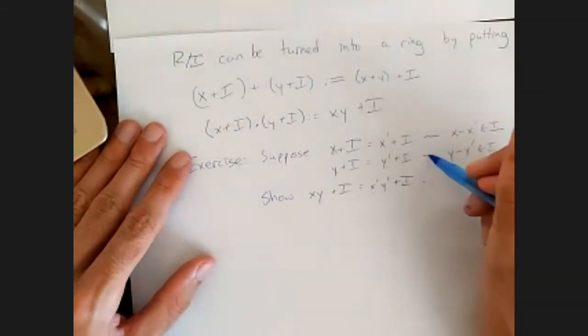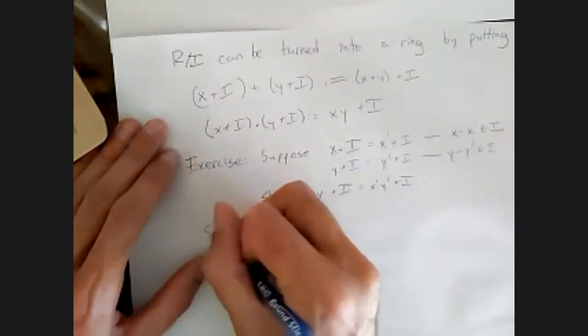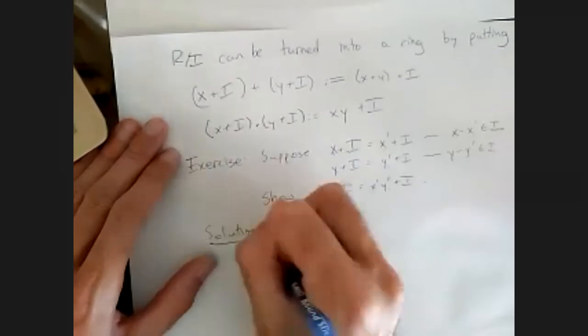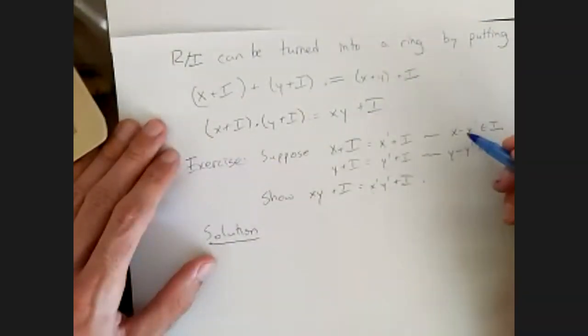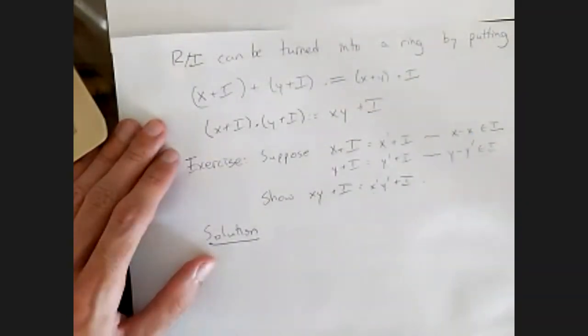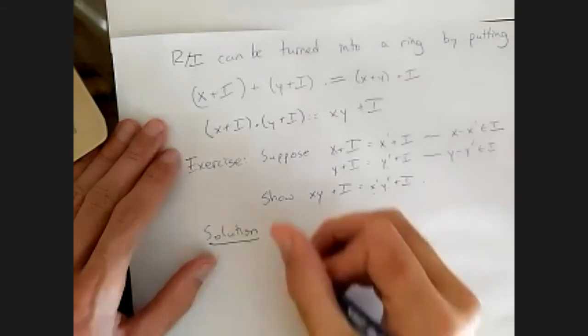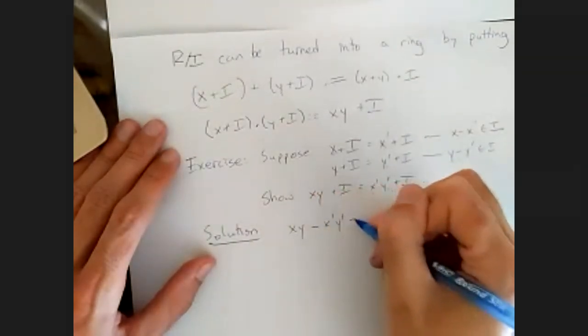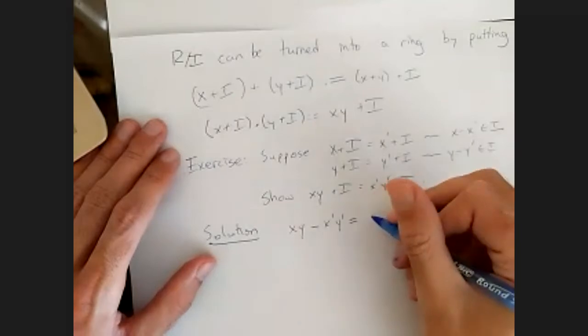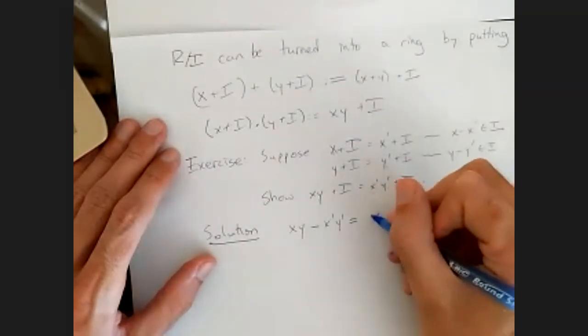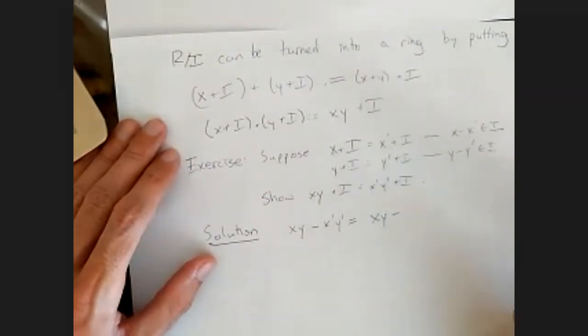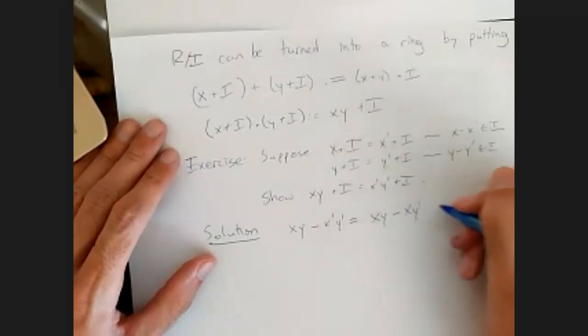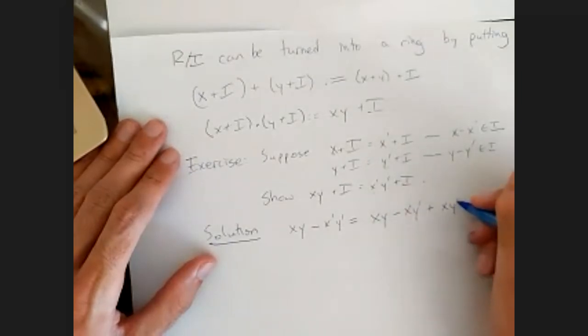That's our goal. Well, we can rewrite it by adding 0. We can look at xy minus xy prime plus xy prime.